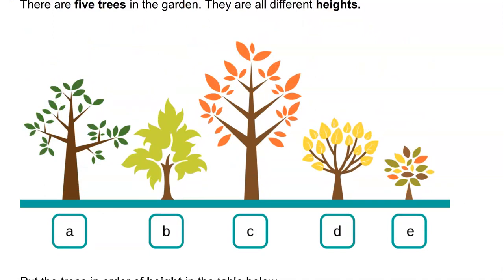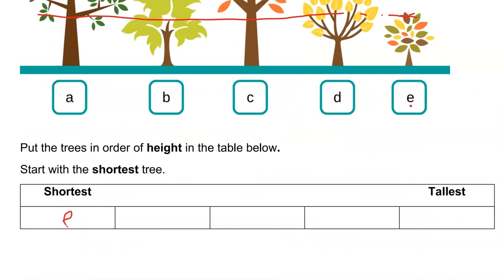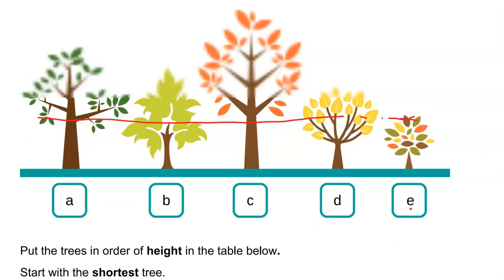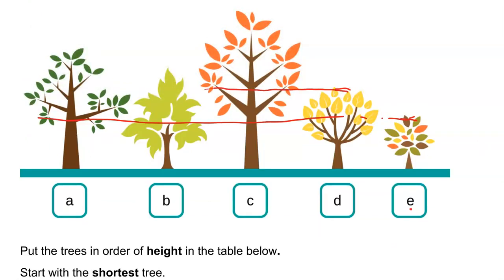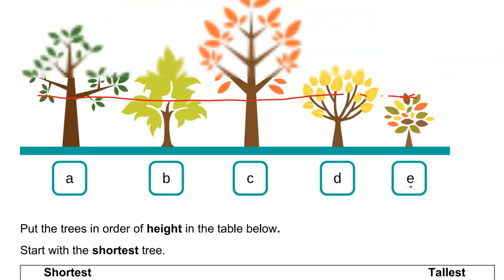That looks like E. As you can see, that's the shortest of them all. Next comes D. As you can see, the rest of them are taller than D, apart from E, of course.